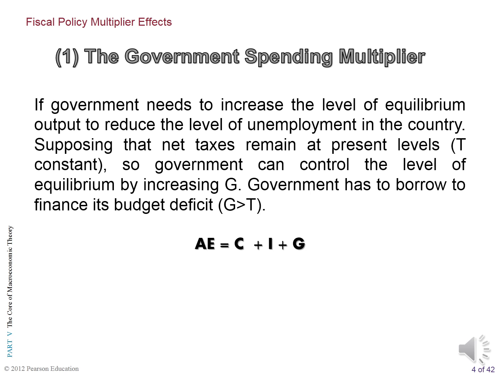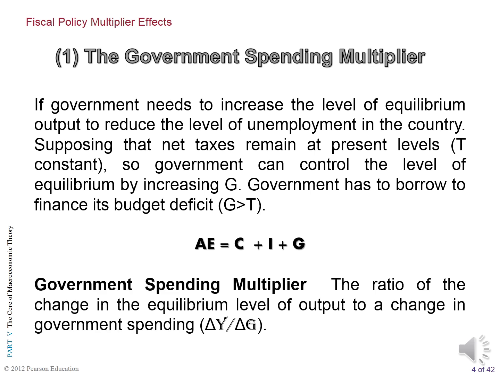Aggregate expenditure, as you know, equals consumption plus investment plus government spending in this closed economy with government. So the government spending multiplier is something like the investment multiplier. Of course, you remember the investment multiplier. Investment multiplier or government spending multiplier, both of them are called injection multipliers.